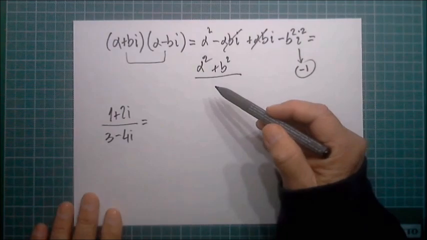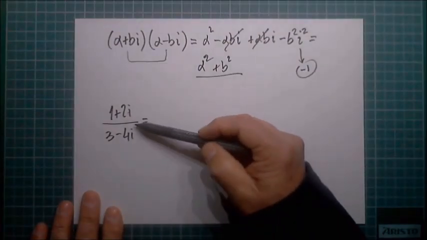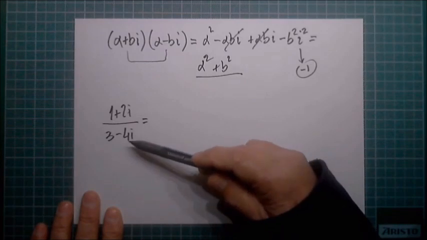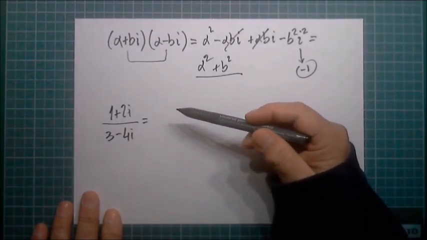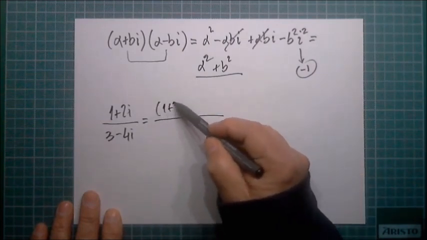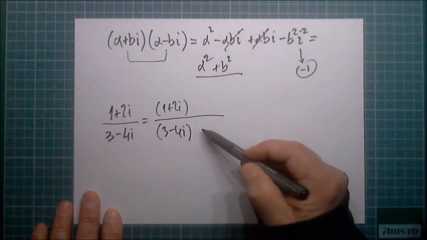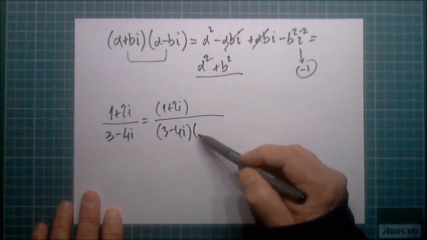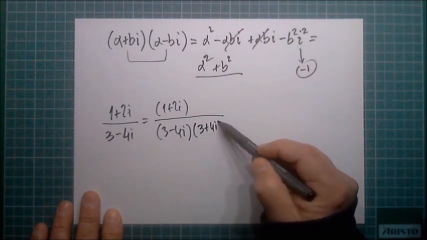Now, let's divide two complex numbers. 1 plus 2i divided by 3 minus 4i. What we must do here is to multiply the numerator and the denominator by the complex conjugate of 3 minus 4i.